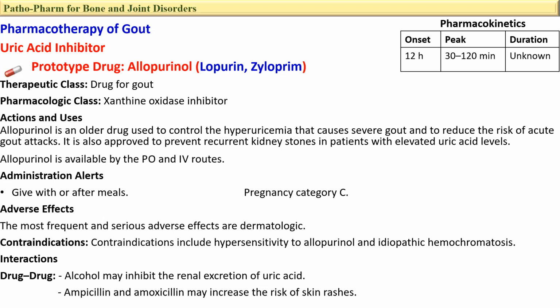The IV administration of allopurinol is usually reserved for patients with high uric acid levels resulting from cancer chemotherapy. Patients on chemo also end up with high uric acid levels in the blood, so this IV drug is usually reserved for that specific group of patients.